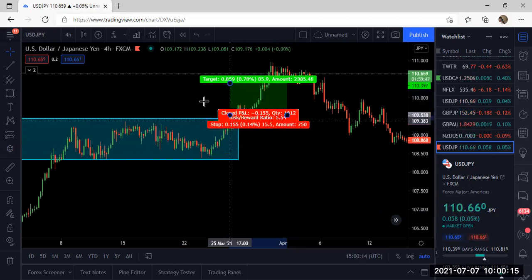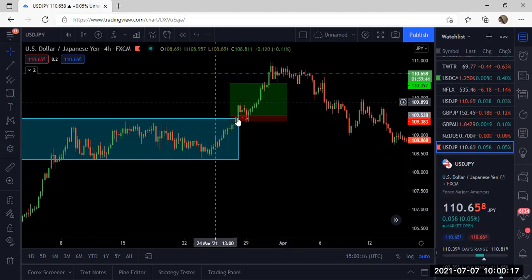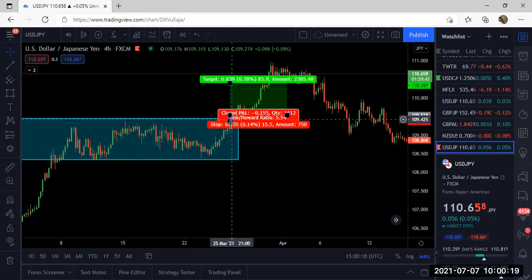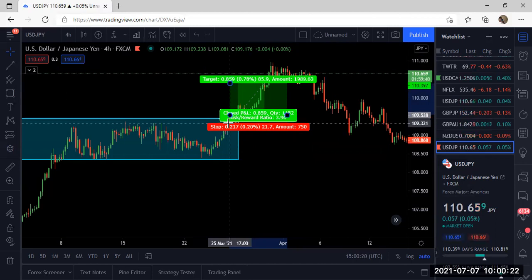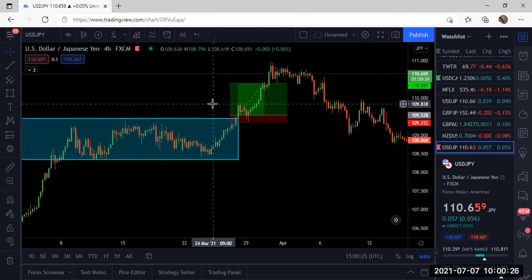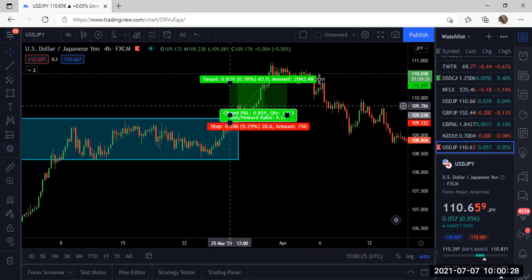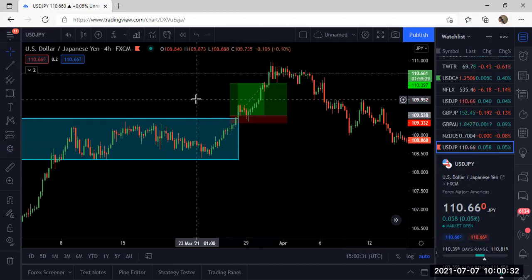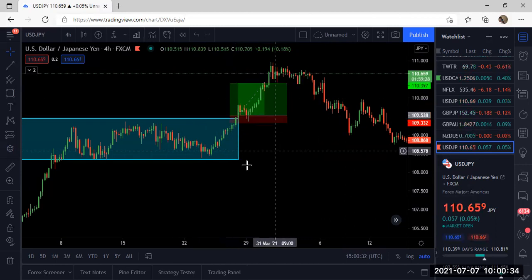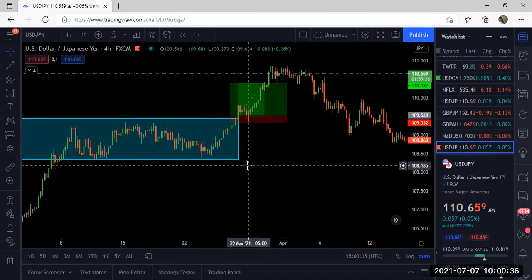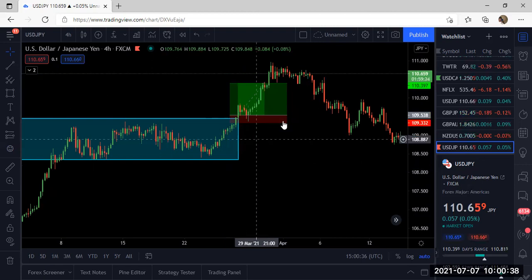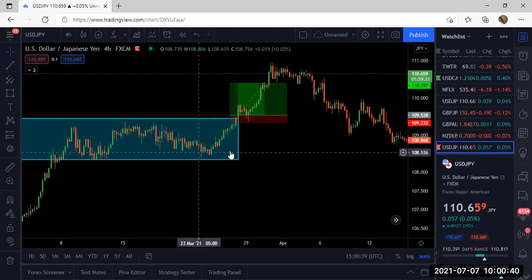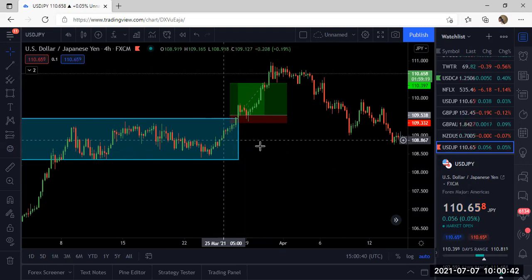Enter right here with a 15, with a 20 pip stop loss. And how I know where to put my stop loss is this, okay? So bam, I enter.